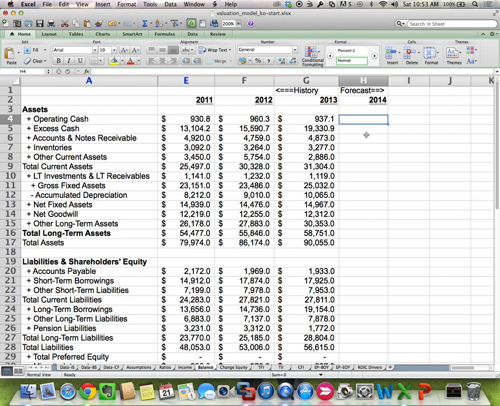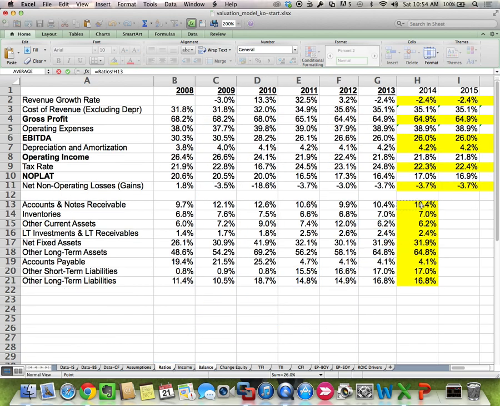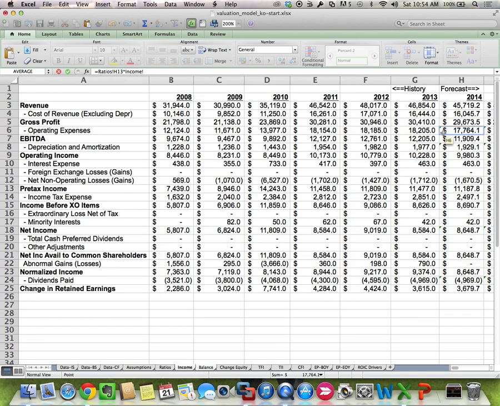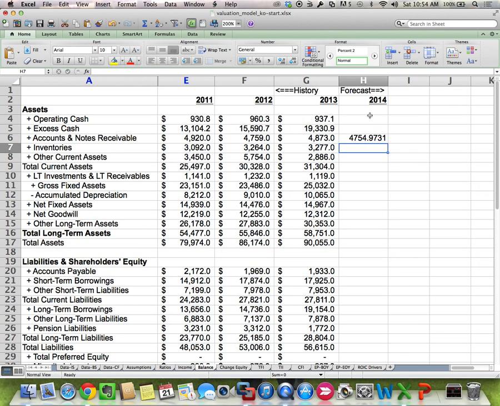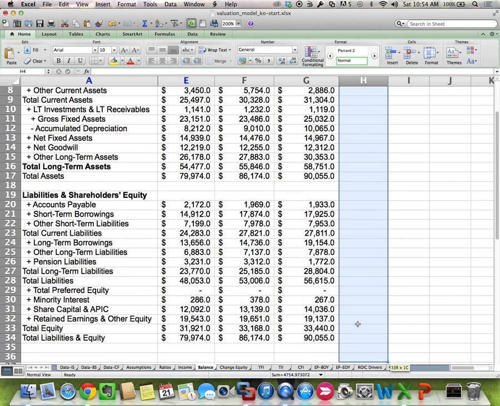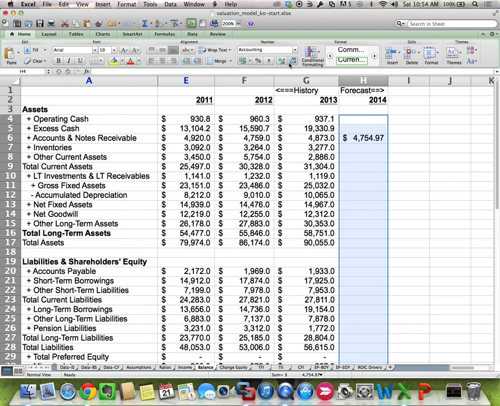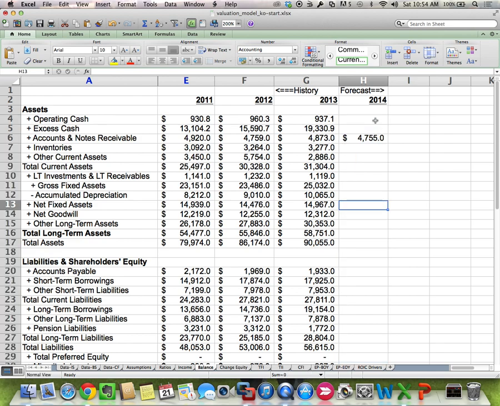So on the balance sheet, I go to accounts receivable for 2014 equals, from the ratios tab, accounts receivable as a percentage of sales, times, from the income tab, 2014 revenue. And then I'm going to take all of these balance sheet items and format them currency 1 decimal place. So basically, that percentage of revenue times revenue would give me that forecast for accounts receivable.